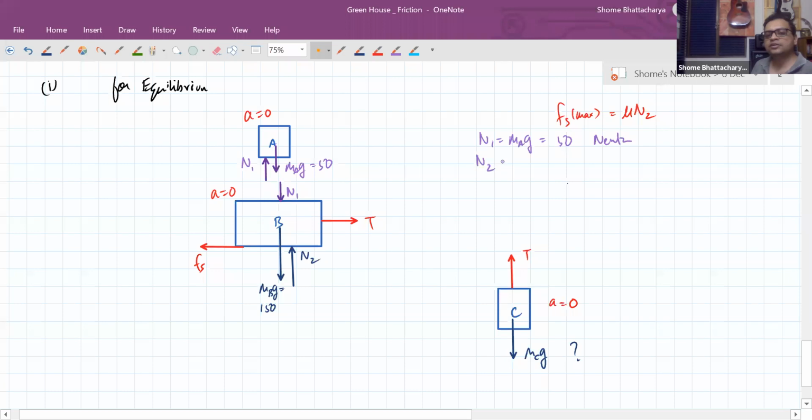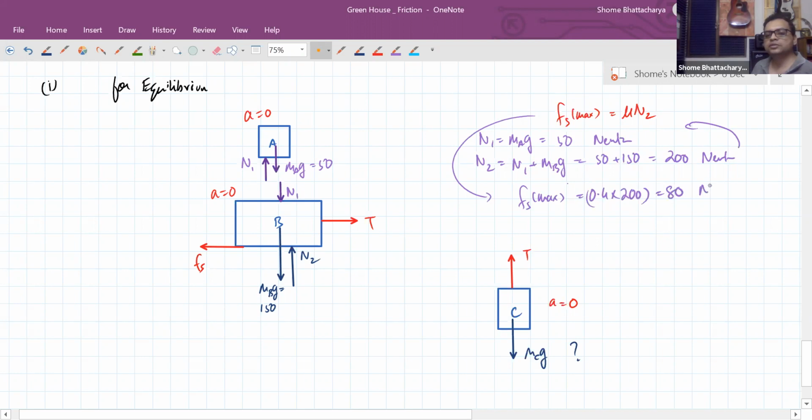N2 is equal to N1 plus weight of B, so that will become 50 plus 150, or 200 newtons. So friction's maximum possible value is 0.4 into 200, so that is 80 newtons.